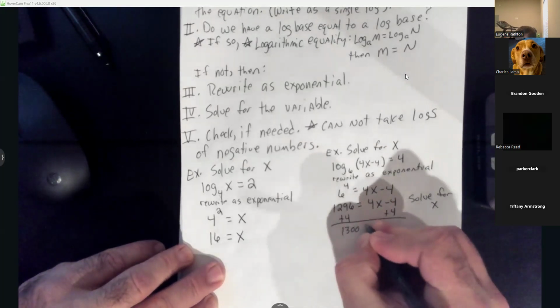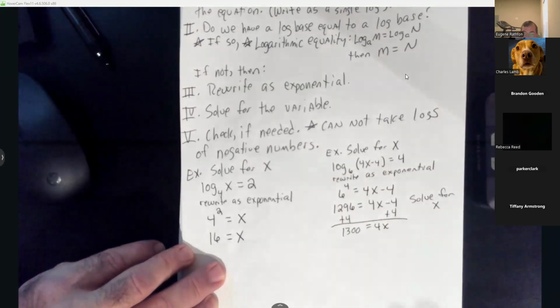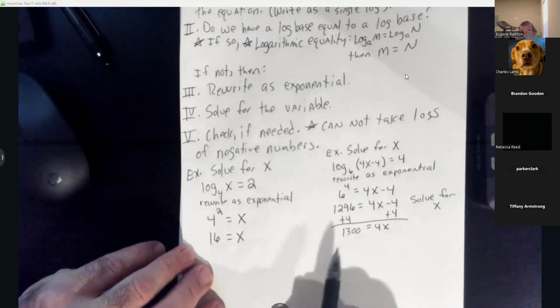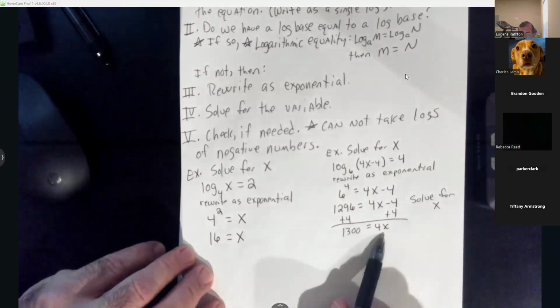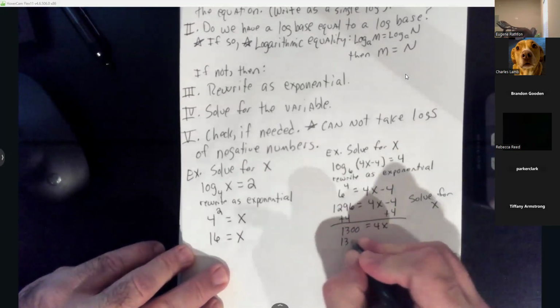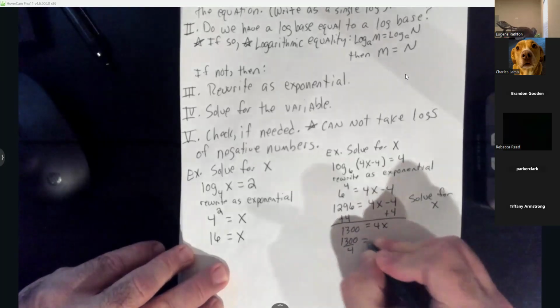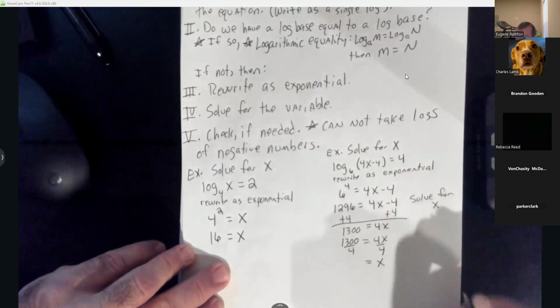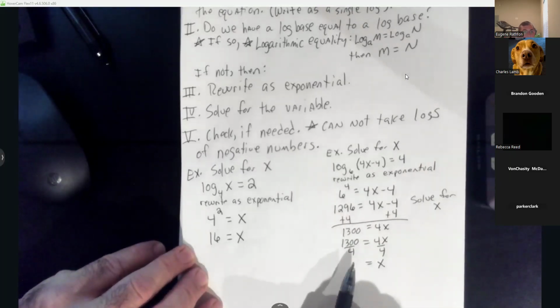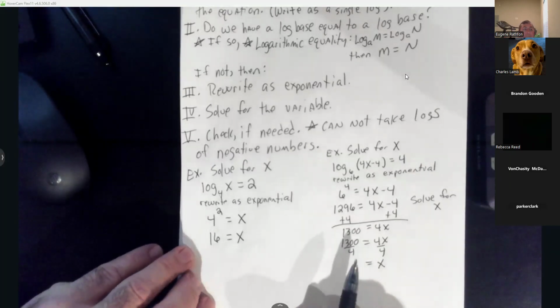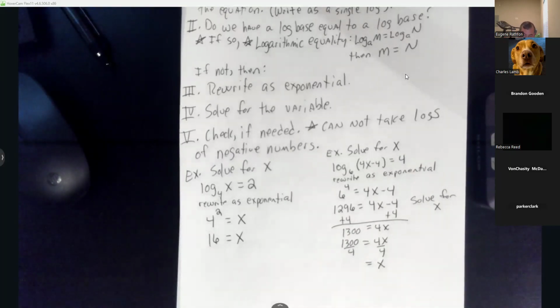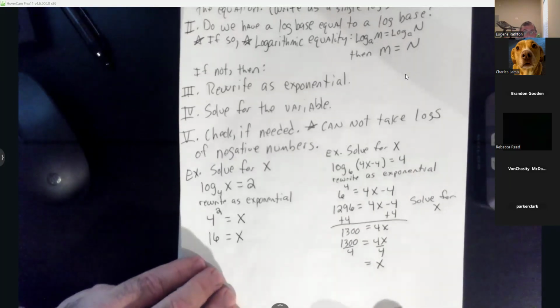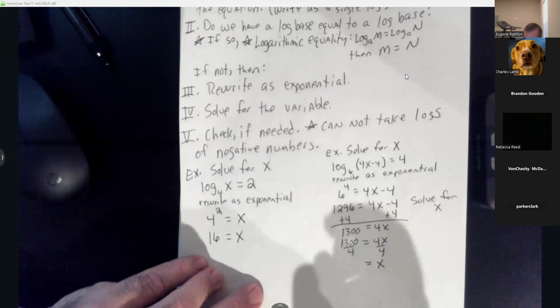1300 equals 4x. Divide both sides by 4. So y'all, the right side will give me an x. So Ella, if you got that calculator, do this one: 1300 divided by 4. 325.